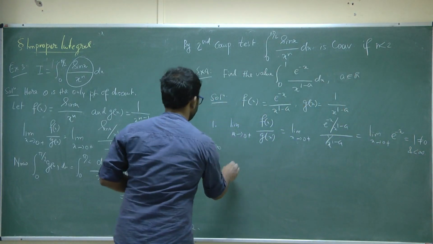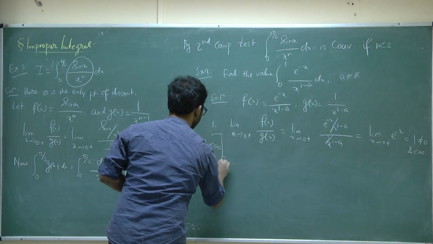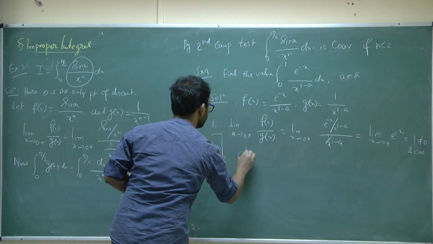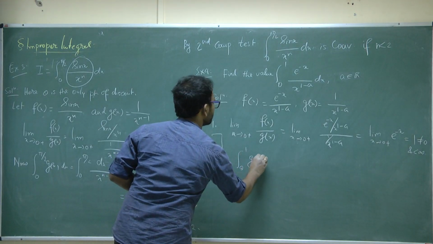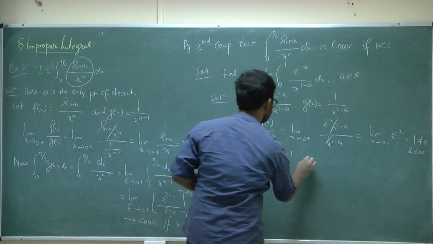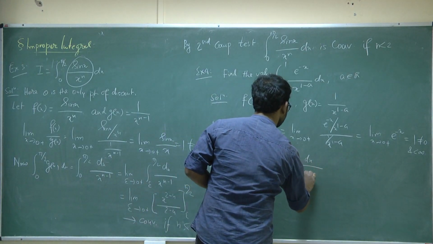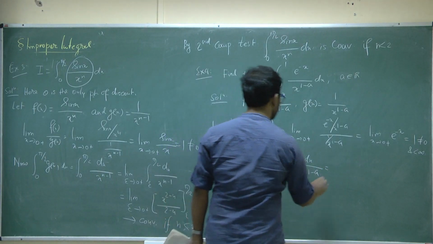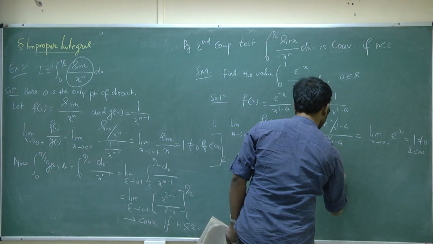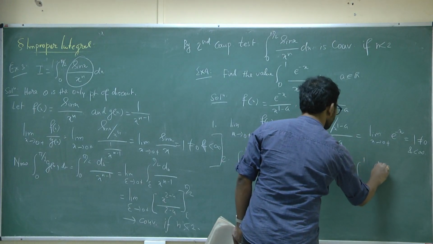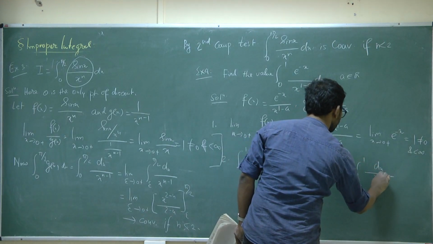Now, we will check what is going to happen to the integral from 0 to 1 of g(x) dx. That means dx by x to the power 1 minus a. Again we can write the same thing we did in the previous one: the limit as epsilon tends to 0 positive of the integral from epsilon to 1 of dx by x to the power 1 minus a.